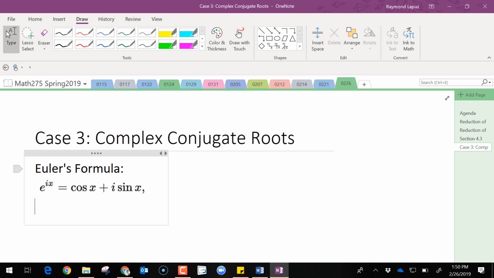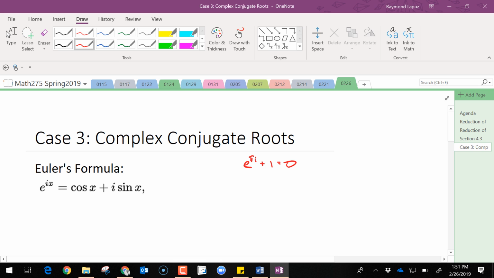Seriously. e to the pi i plus 1 is equal to 0. Sine of pi is equal to 0. Cosine of pi is equal to -1. Bring the -1 over to the other side. And so you've got the additive identity, the multiplicative identity, pi, the circle thing, and e, the logarithmic exponential thing. So those are all special numbers.